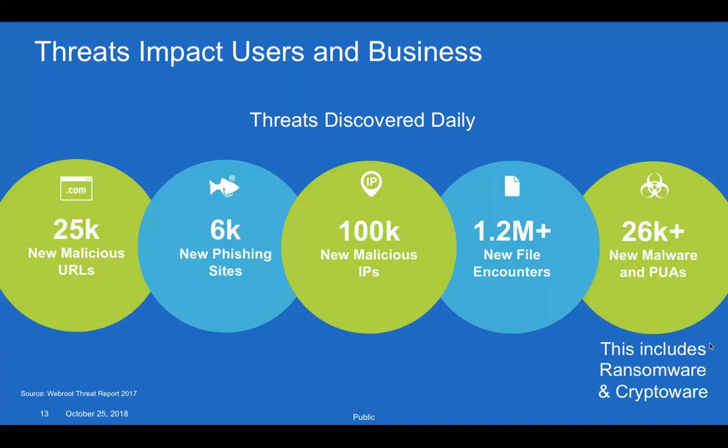And that takes into account malware, ransomware, cryptoware, and all kinds of other things that could potentially be malicious traffic. So as we speak to that dynamic capability that really is distinguished by Webroot BrightCloud, how do we actually do it? What is it that makes it so incredibly effective?